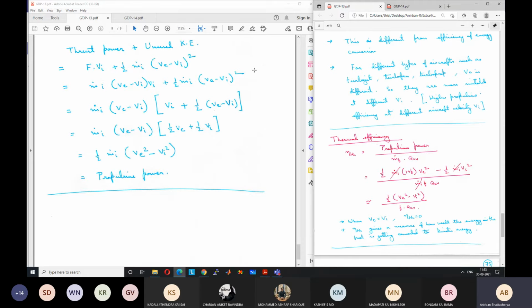Relative to the aircraft, the change in kinetic energy is being caused by the aircraft engine. But relative to a stationary observer, the loss in kinetic energy is actually energy which is getting lost to the atmosphere, which is unused. So these are two different things. You should not get confused.